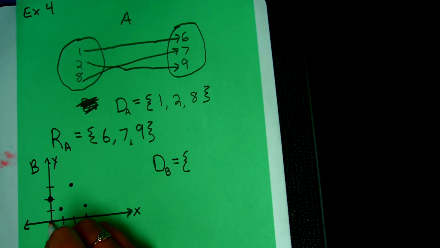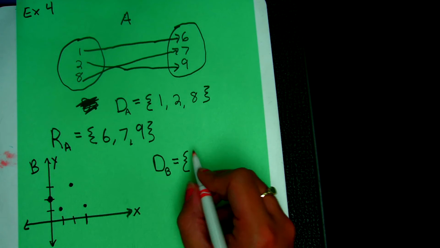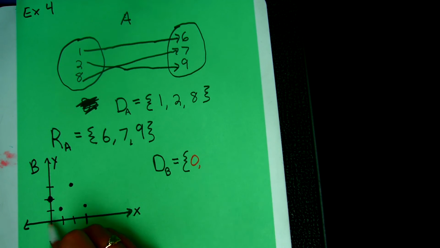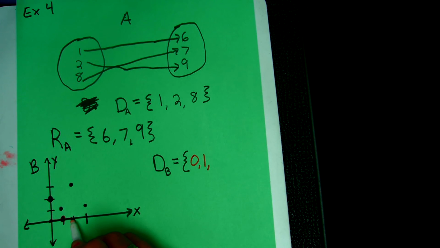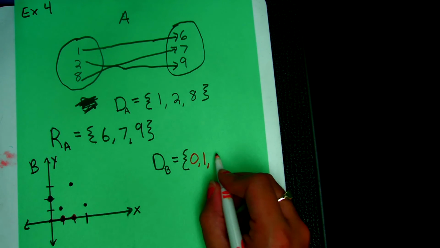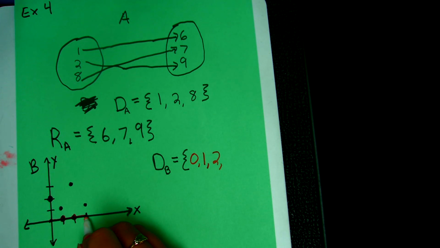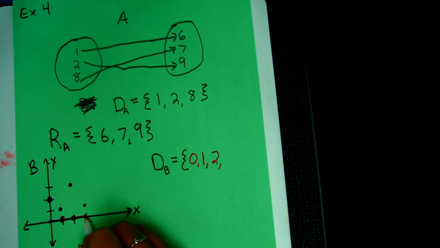Okay, so that's one of them. Moving along, oh, I have one here at 1. So 1 is an x value. I have another point at 2. So that's another x value. And then I move along and I have a point here. So that x value is 3.